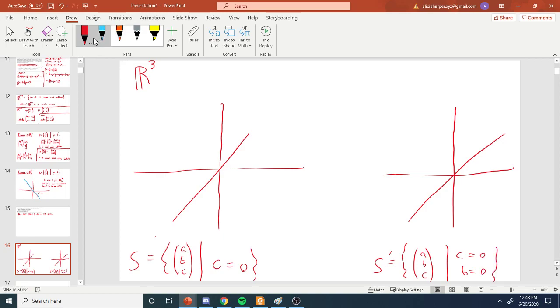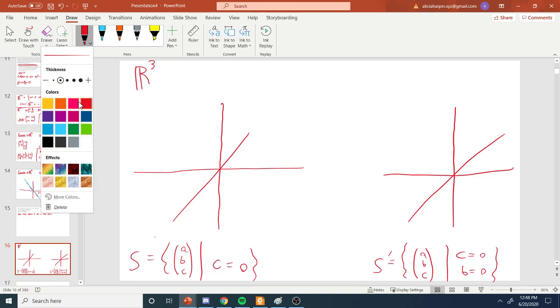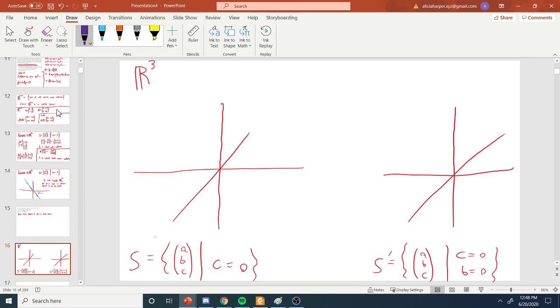So let's look at the first set. These are precisely vectors that have no z component, if this is x, y, z, which means the vectors in S are precisely vectors that lie on the xy plane. So we can visualize S as the xy plane, like this.